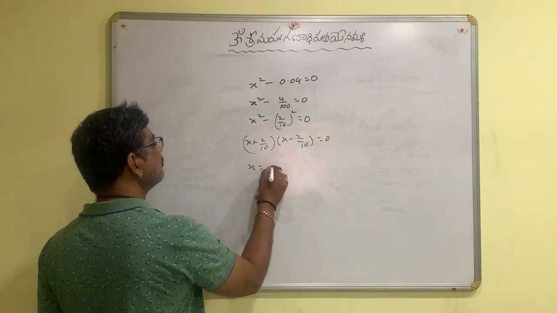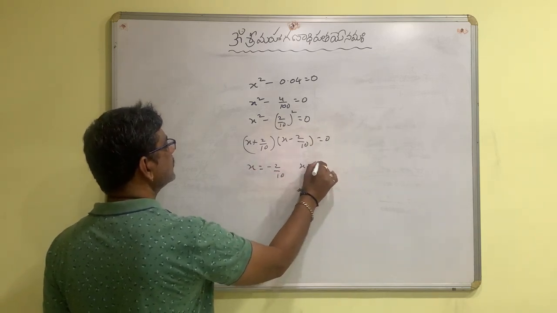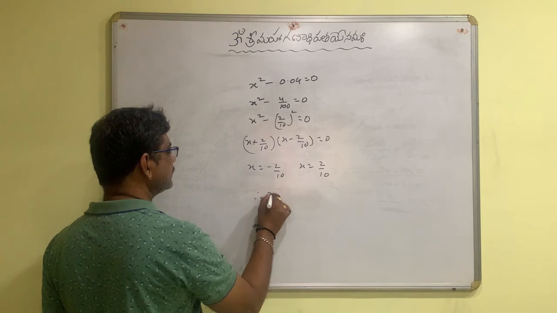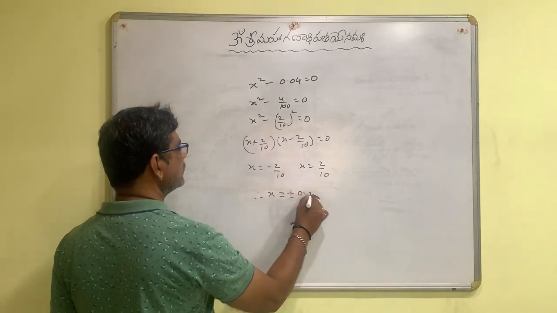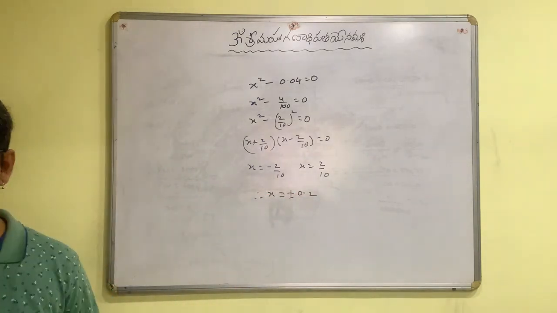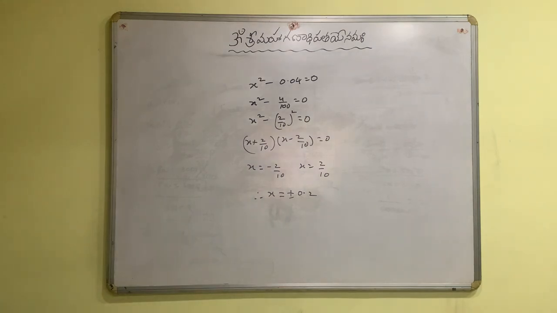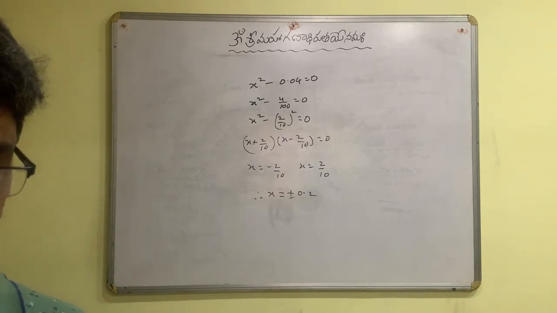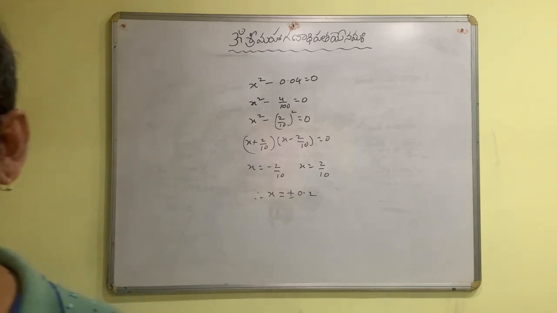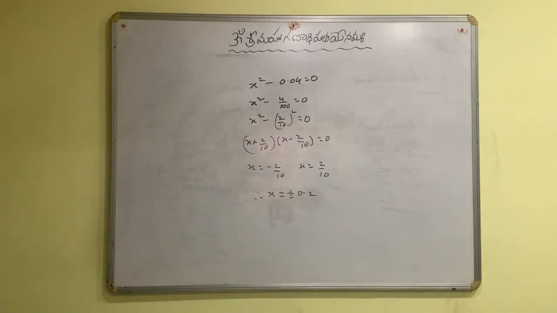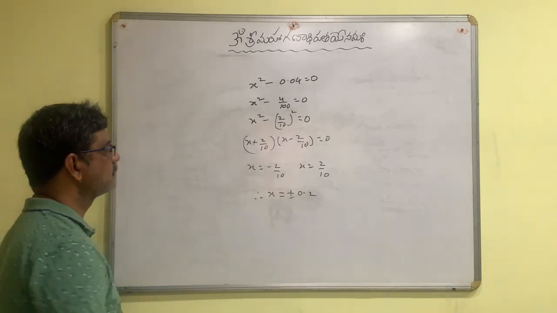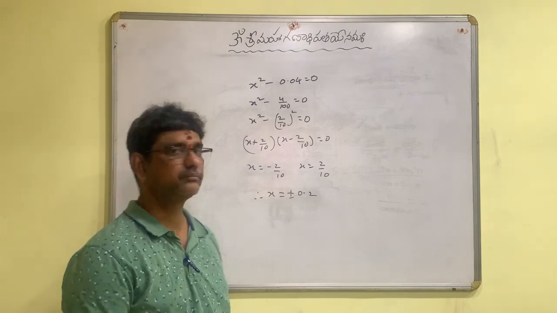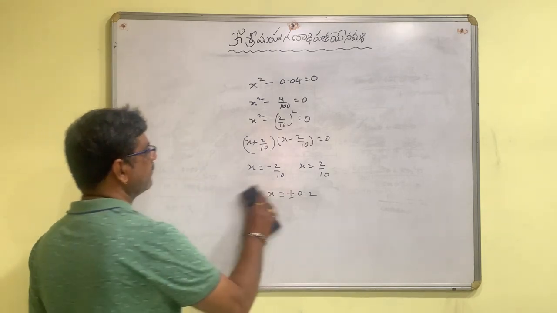So x is equal to minus 2 by 10, x is equal to 2 by 10. That means x is equal to plus or minus 0.2. Okay. Now, next question.